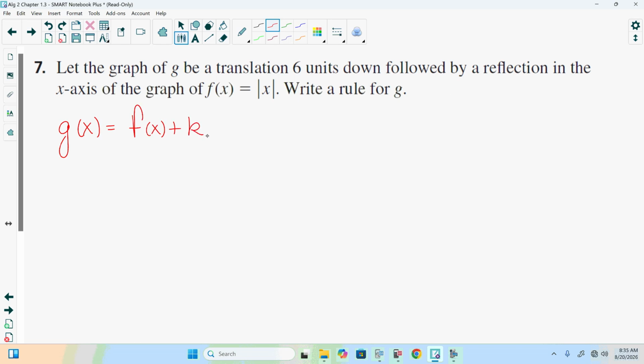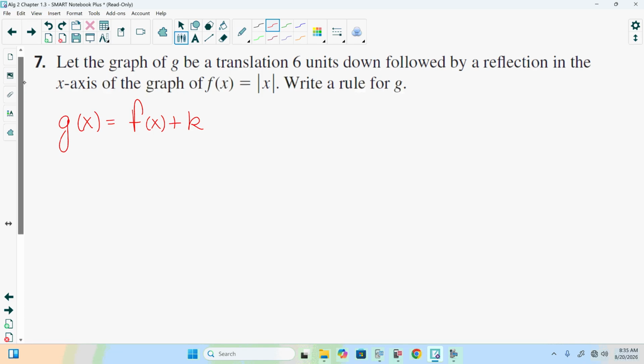Vertical translation up and down would be f of x plus k. What is our value of k? It would be 6, because that's what it told us, and because it's going down, it would indeed be negative 6. F of x, we still just have f of x, yes?